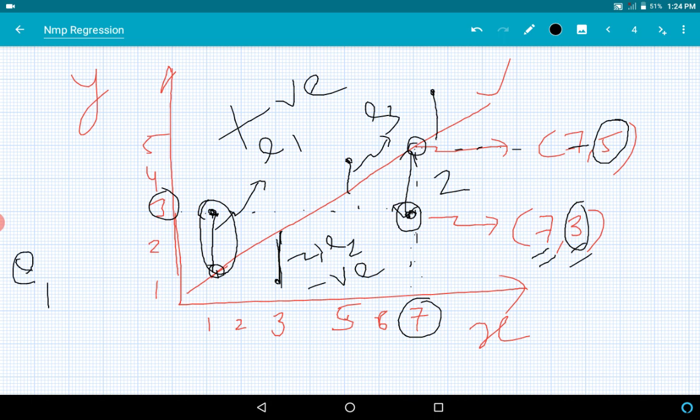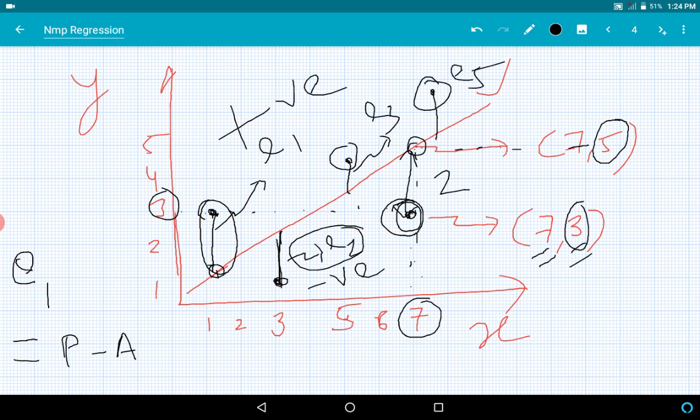It is the predicted value minus the actual value, or otherwise the actual minus the predicted value. So it is the difference between the actual and the predicted value. Similarly, you calculate the residual for point 2, called E2, for point 3, called E3, for this point E4, and for this point E5. These are called residuals, okay.